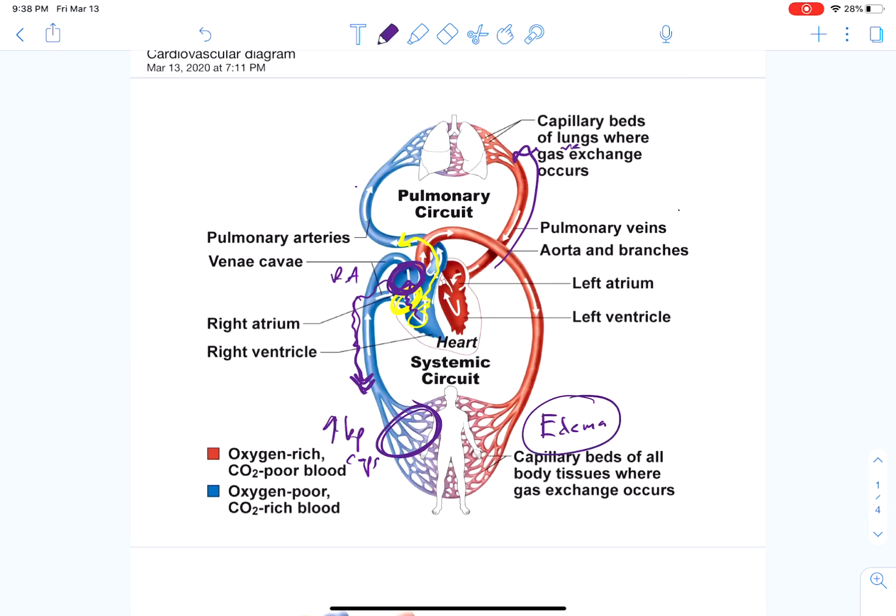What's something else that would happen here? Okay, so what would this situation do to the pulmonary circulation? The amount of blood going through the lungs.